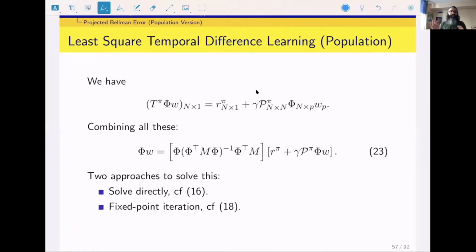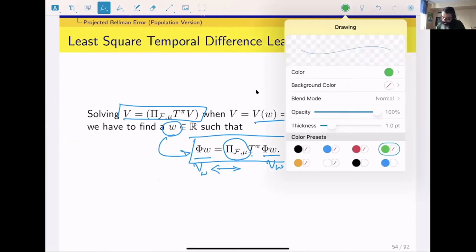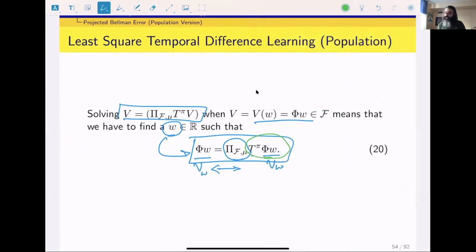So we had one part, the projection part. Now let's talk about the other part, the Bellman operator. I want to write the Bellman operator applied to a value function phi W in matrix form.